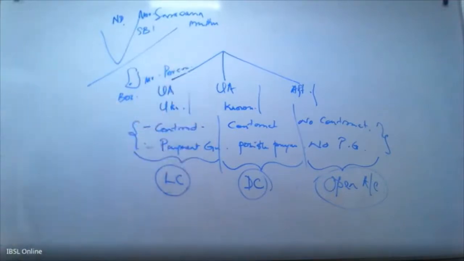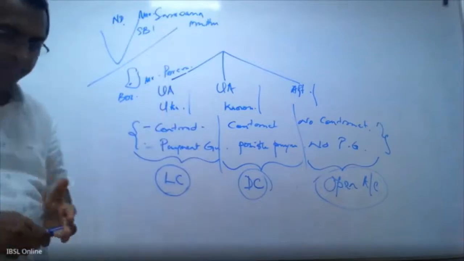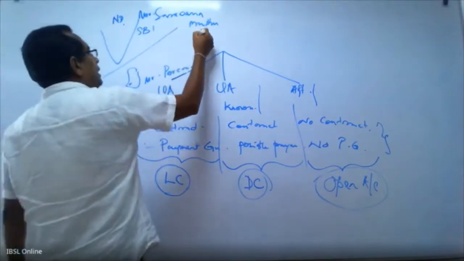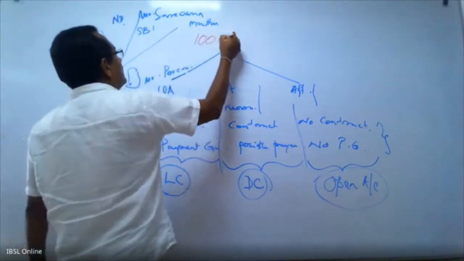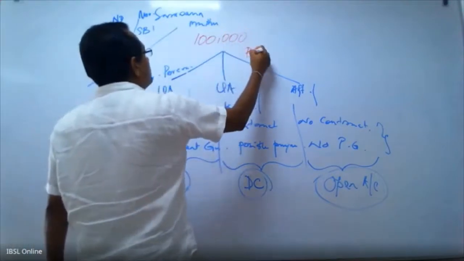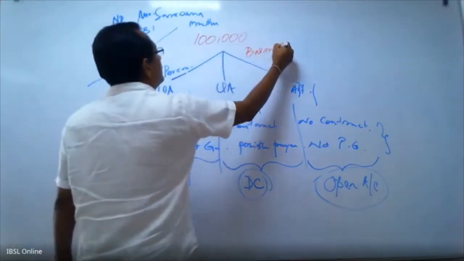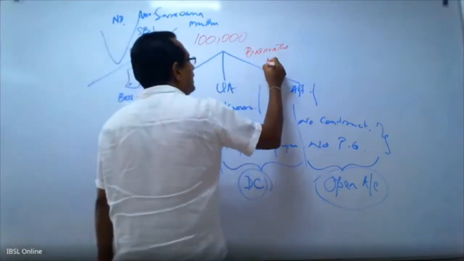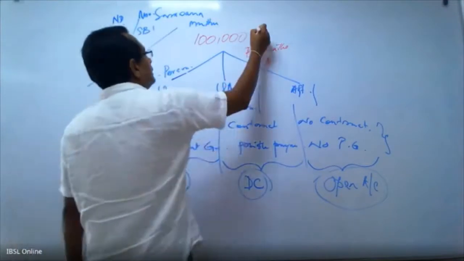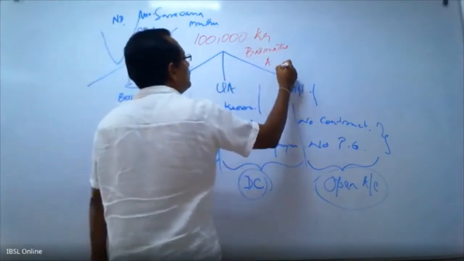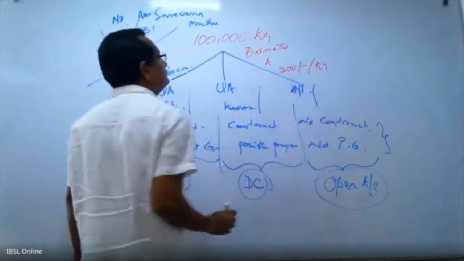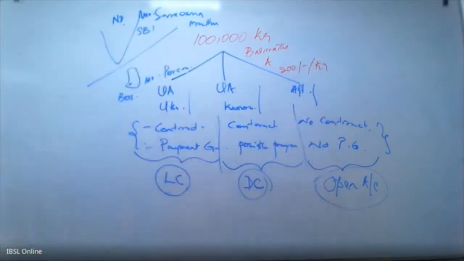Right? These are the people. Okay. So now Mr. Pereira wants to buy 100,000 kilos of basmati, A grade, at a price of 200 rupees a kg. Right? This is the requirement.